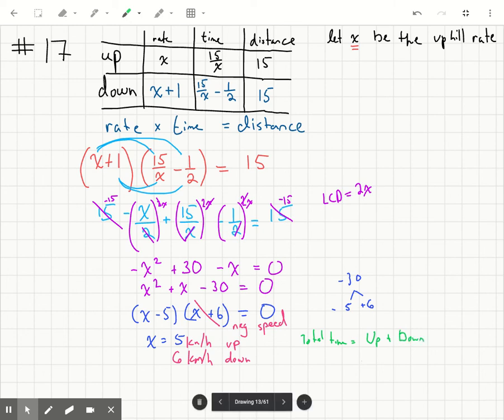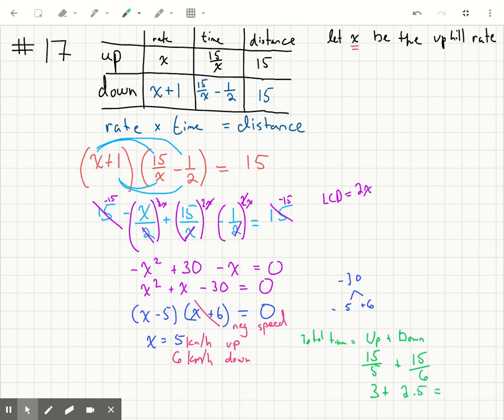Right? So the time going up is 15 over 5. That's a pretty easy one. Plus the time going down is faster, 15 over 6. So that would be 3 hours plus, if we simplify this, common factor 3, so 5 halves. So that's plus 2.5.